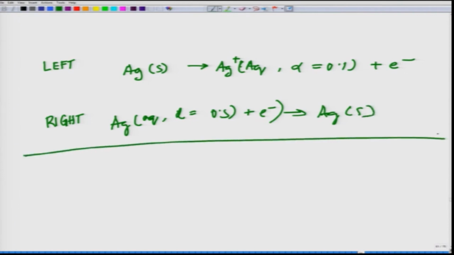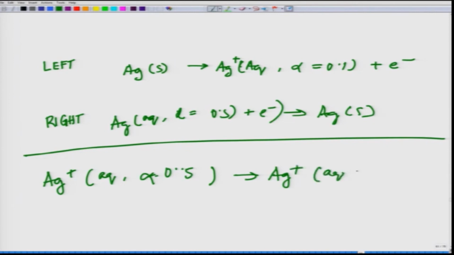The overall reaction, if you add both of them, is Ag+ aqueous (0.5 M) giving Ag+ aqueous (0.1 M).